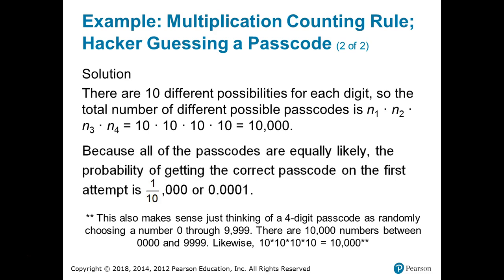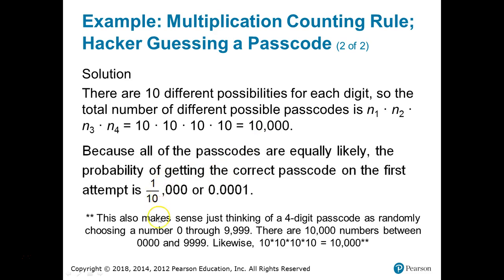So because we're saying that all the passcodes are equally likely, the probability of getting the correct passcode on the first try is 1 over 10,000, or 0.0001. In practice, you probably know that most of your passcodes are like your birthday or something, but we're ignoring that. So there's a 1 in 10,000 chance of getting it right. There's 10,000 combinations.